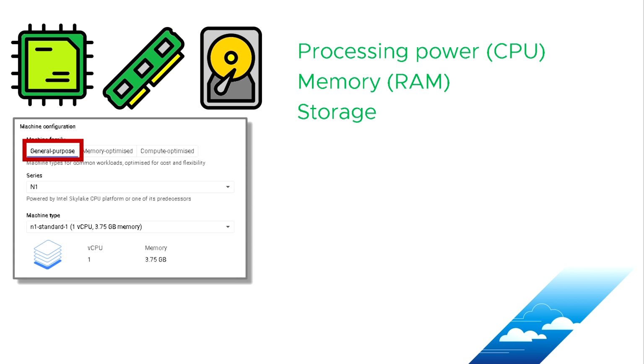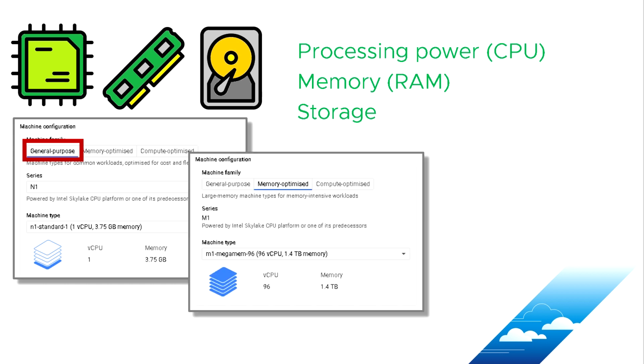But just to show you here that when you pick a general purpose VM, there's a concept of a series, a type of virtual machine, and then the specific ratio of CPU and memory. So in this instance, I'm using a type N1, a standard machine that has 1 vCPU and 3.75 gig of memory. If I was to click on the memory optimized tab, I'd get a different set of VMs, which are, surprisingly enough, memory optimized.